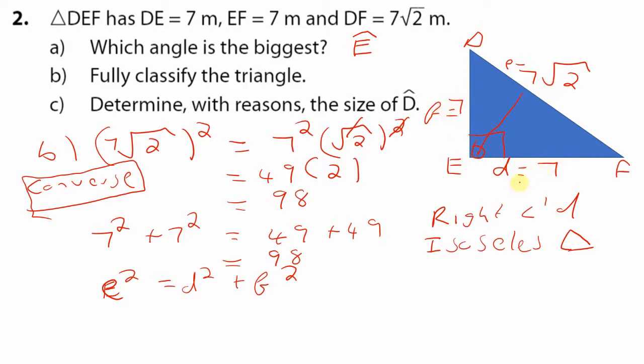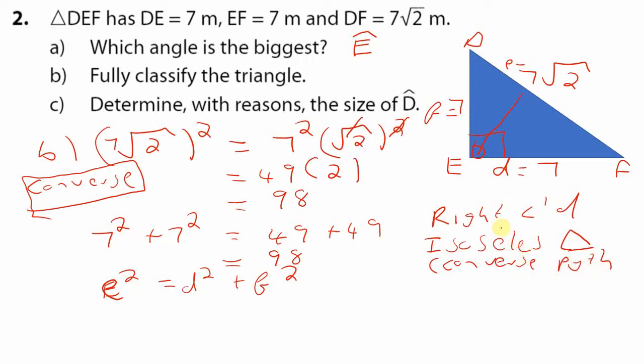The converse theorem says if the longer side squared equals the sum of the two shorter sides squared, it has to be a 90-degree or right-angle triangle. That is what the converse of the theorem of Pythagoras says. So right-angled isosceles triangle due to the converse of Pythagoras.